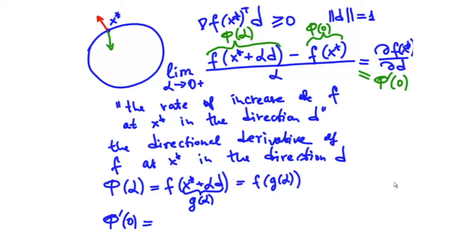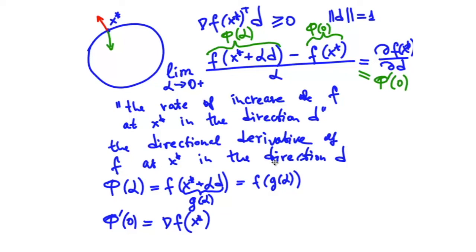In particular, phi prime of 0 is given by, first, the derivative of the external function f. So we have the gradient of f at the point g of alpha, where alpha is equal to 0. When alpha is 0, the argument is exactly x star.